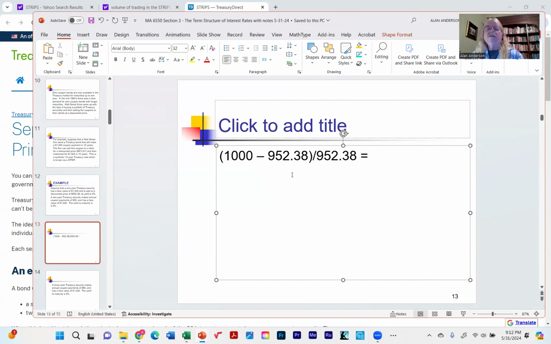You'll see that you have a capital gain of 47.62, and you invested 952.38, and that gives us exactly 5%, within rounding. Okay, that's our yield. Okay, great.